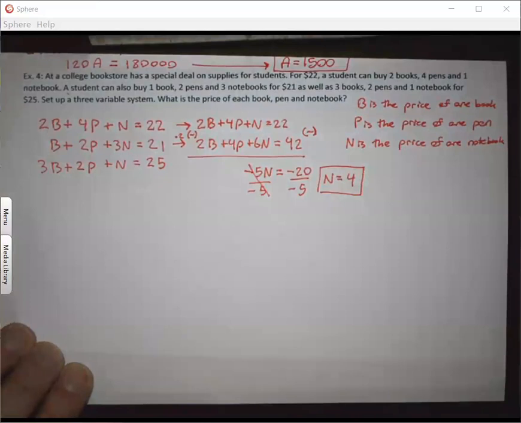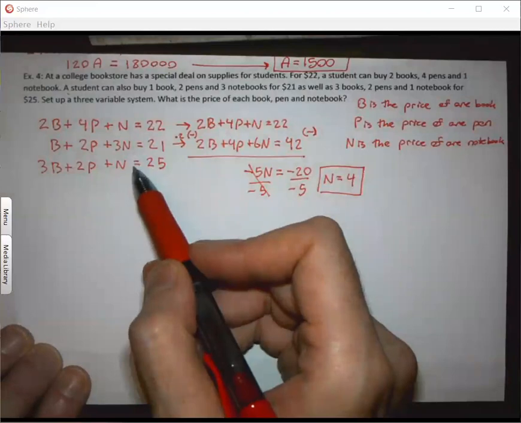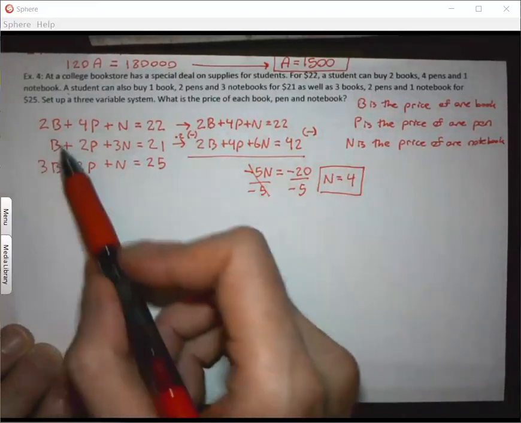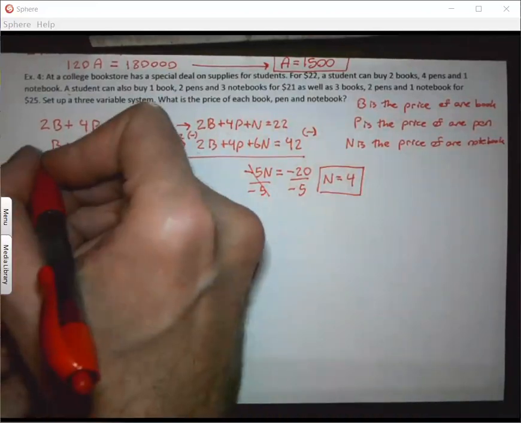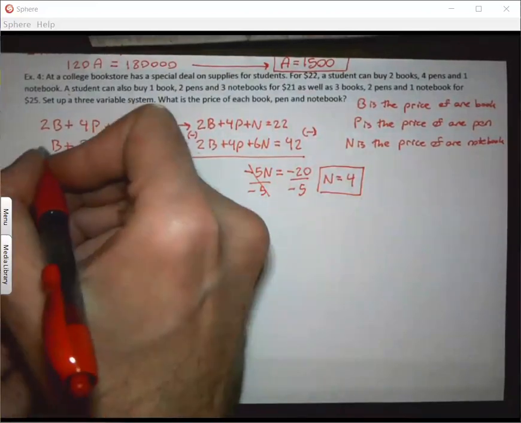So next step, I want to do elimination using two different equations. So I'll choose the first and last. And again, if you eliminated B in the first, you want to choose the same. So I want these to be the same. I'll take this and multiply it by 3.